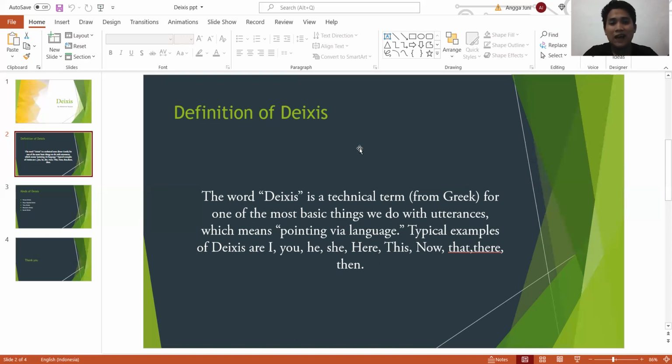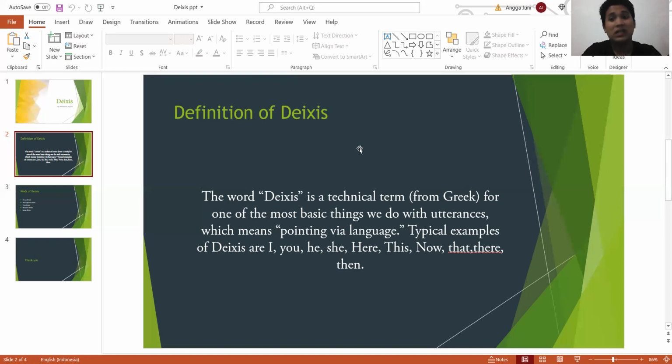Even when we are talking about context, she doesn't always refer to a human girl, but it can refer to an animal, a pet. Sometimes my friend calls his pet she, her, because it's a female pet.